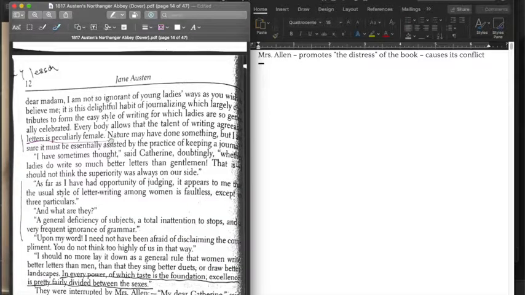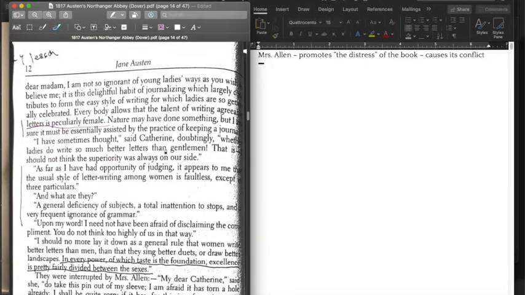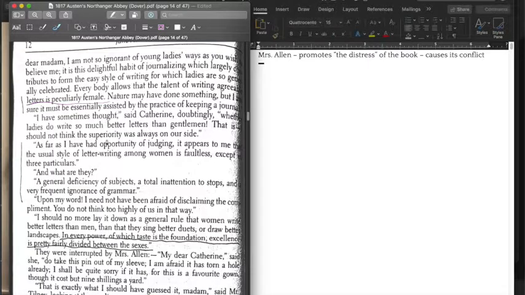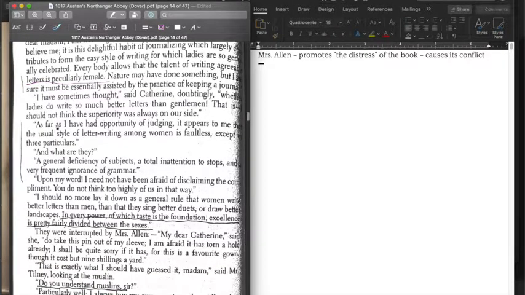Now, in this book, whenever anyone is talking about writing or reading, pay attention, because remember, this is a book about writing and reading. So he's like, nice, agreeable letter writing is very female. Nature may have done something, but I am sure it must be essentially assisted by the practice of keeping a journal. And then they talk about who's better at writing, men or women.